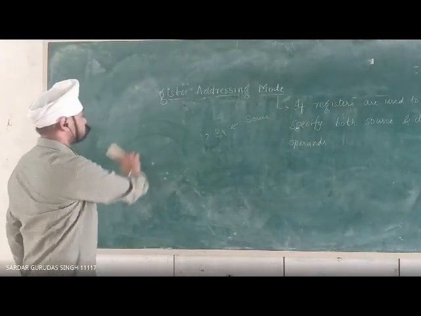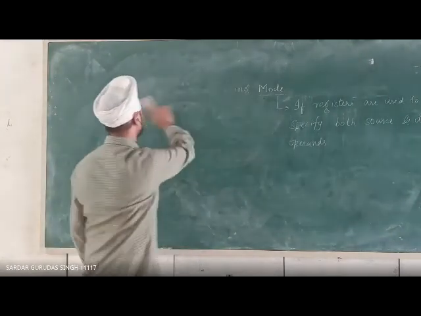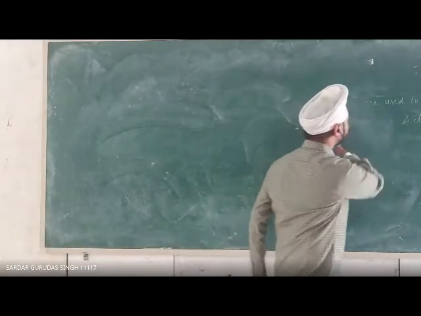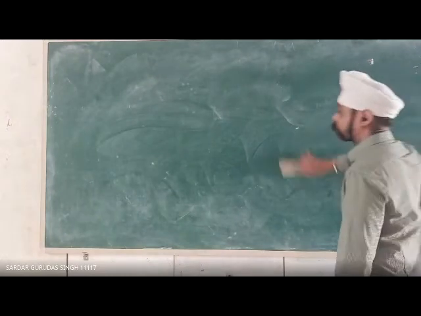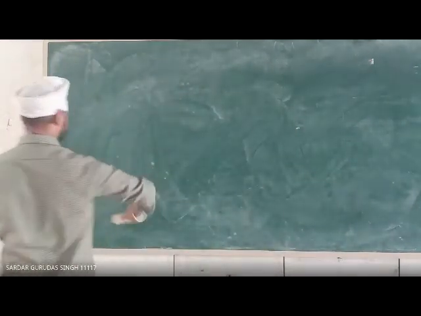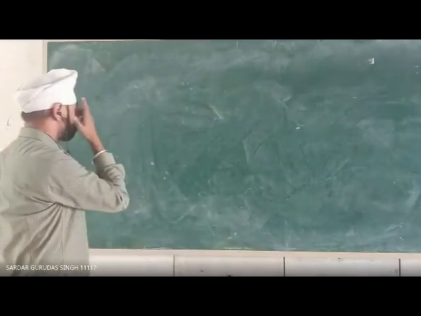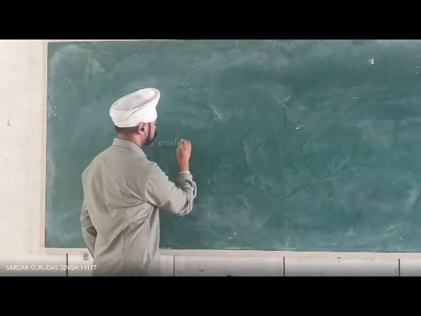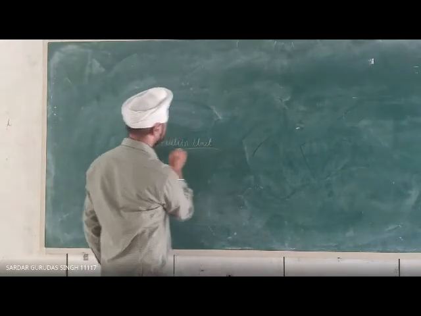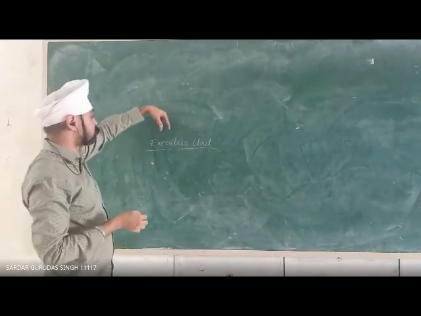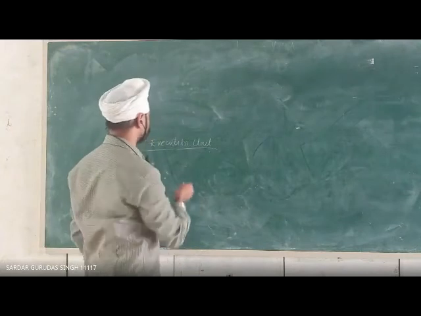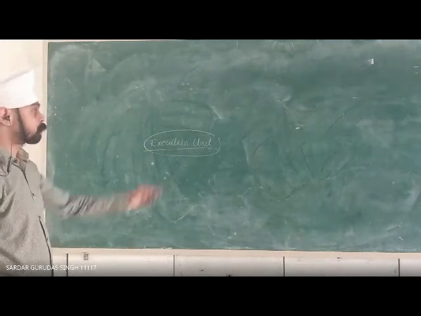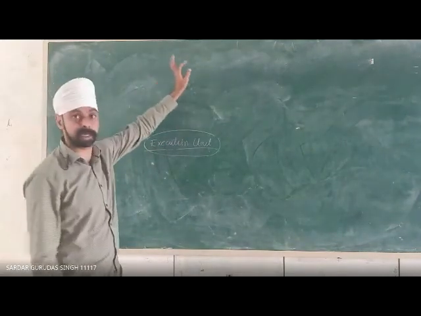So only these two addressing modes are used to access operands with the help of registers. In the sense, these are related to the execution unit, because all the registers you are using in these two addressing modes are part of the execution unit. It does not need any register from the BIU.